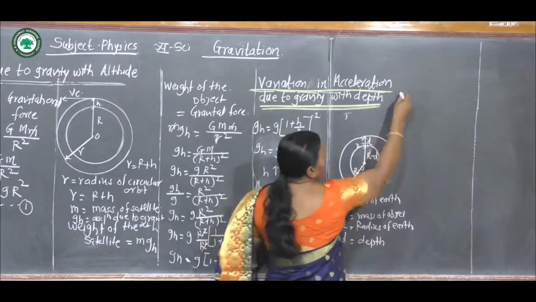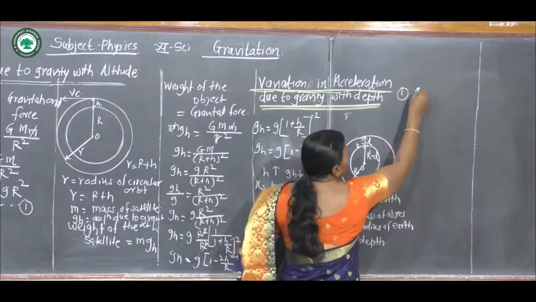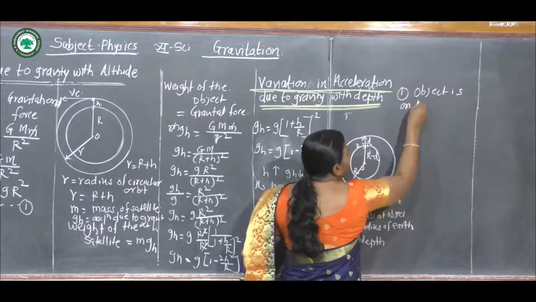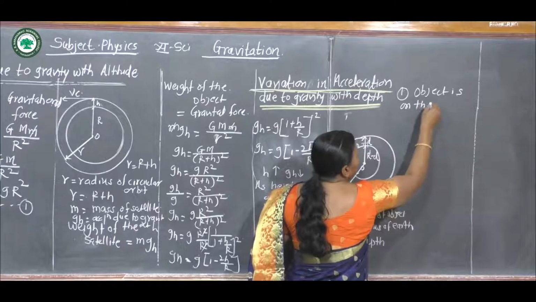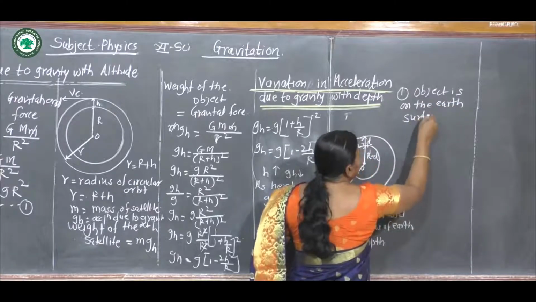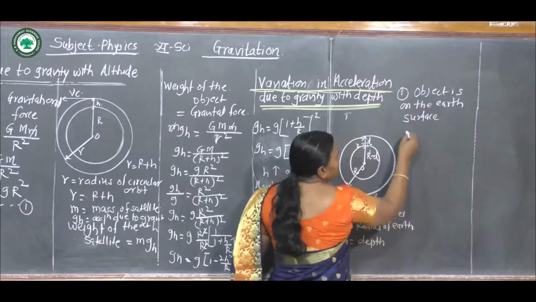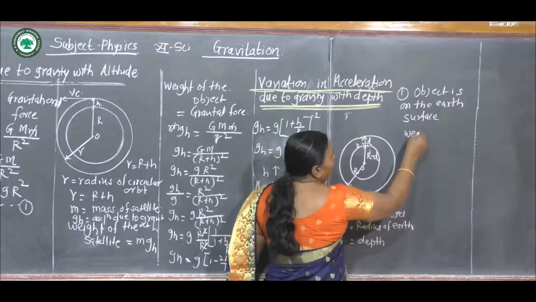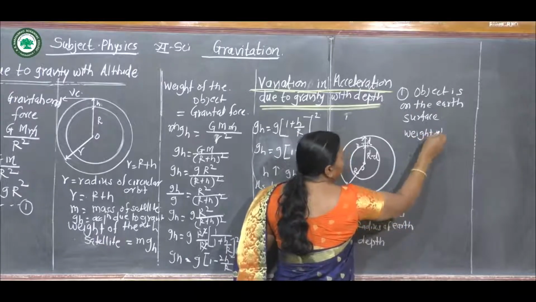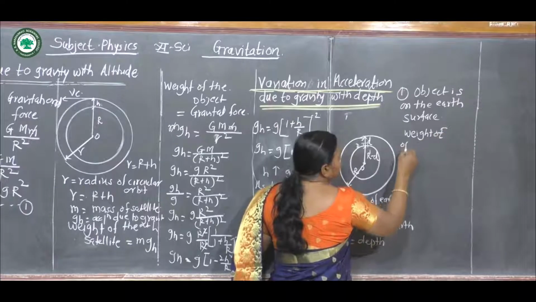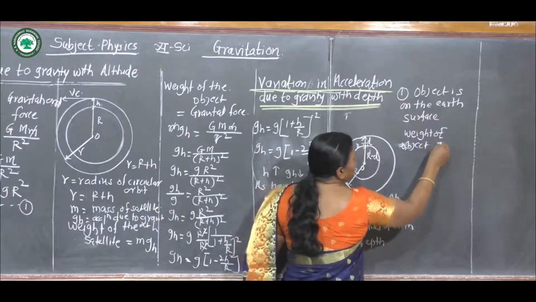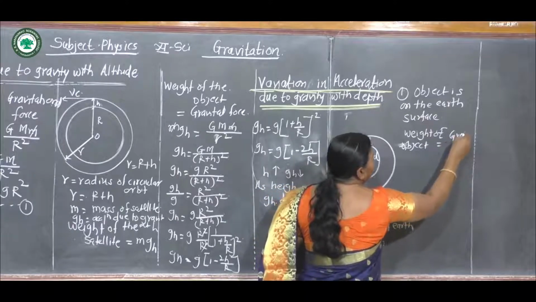Now in this case, consider the initial case, that is the mass is at rest on the Earth's surface. First we consider the object is on the Earth's surface, that is, the weight of the object is balanced by gravitational force.